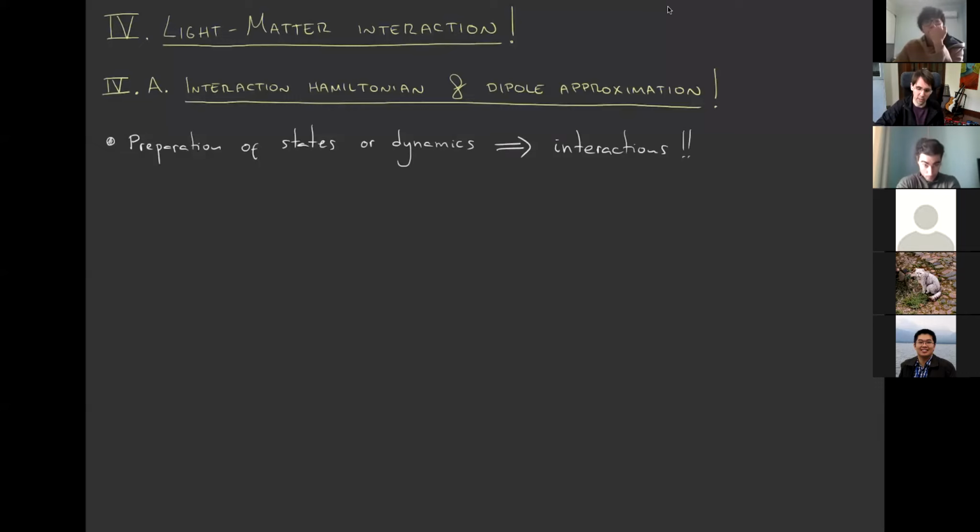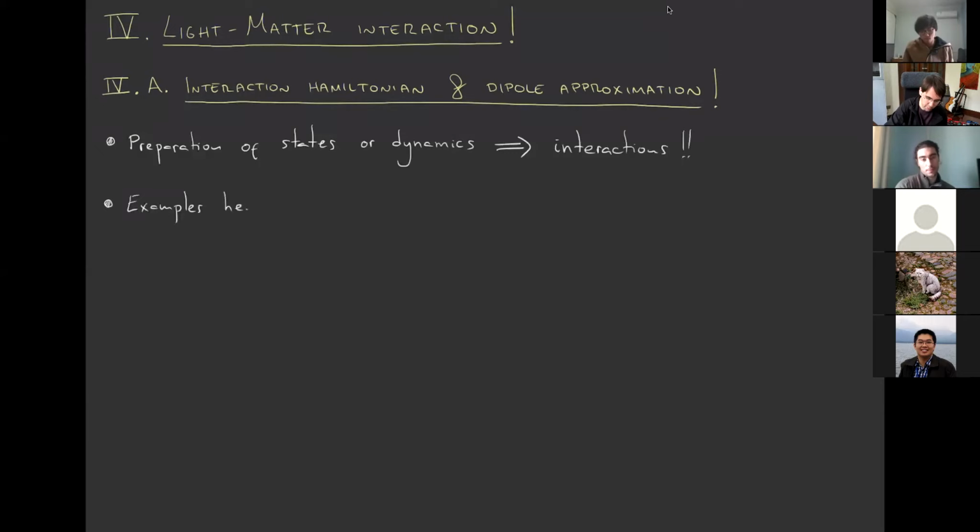Then the moment that we have interactions, we need a method to describe them. To keep it relatively general, I am going to give you a general idea and then consider a couple of examples.